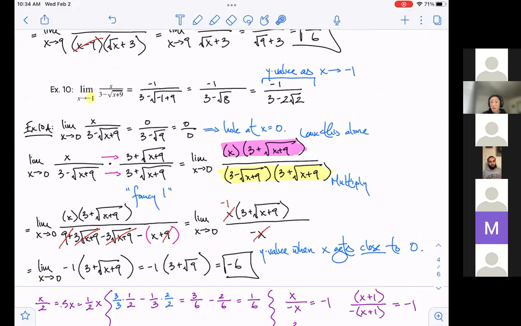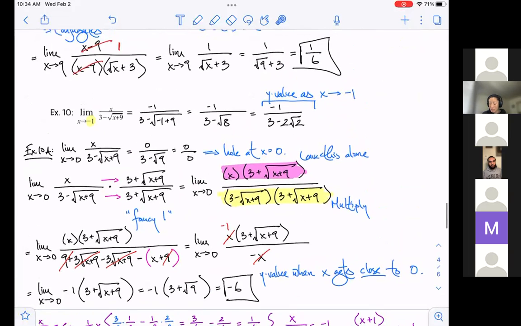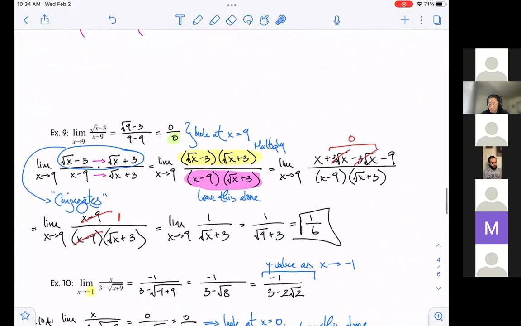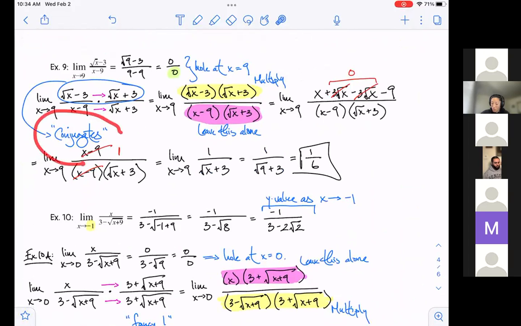Where we had 3 minus the square root of x plus 9, or from yesterday, the square root of x minus 3. At this point, we haven't been able to make anything cancel. So we have to pull out of our bag of tricks. What do we do when we see radicals? And that, my friends, is where we are going to use conjugates for this problem as well.